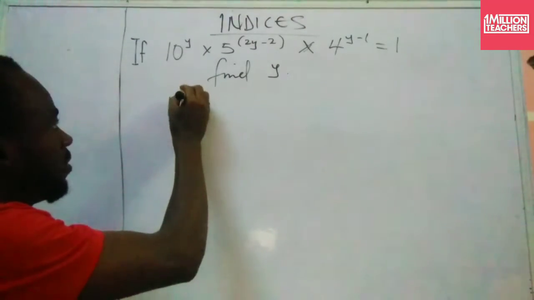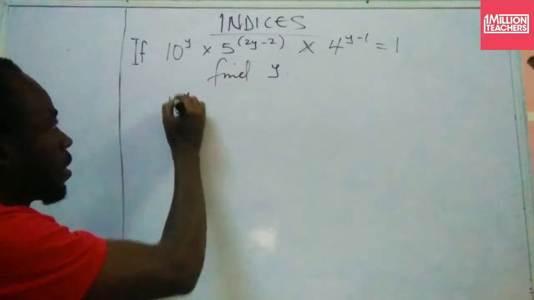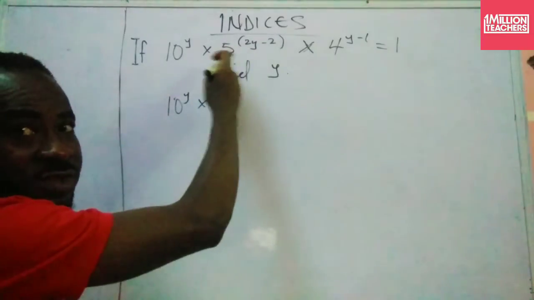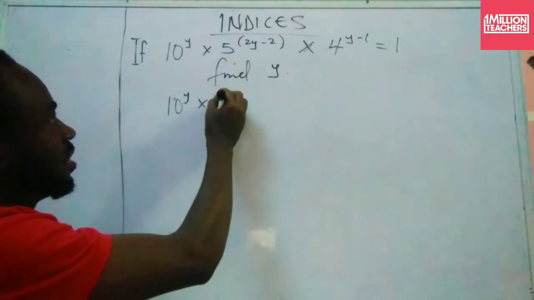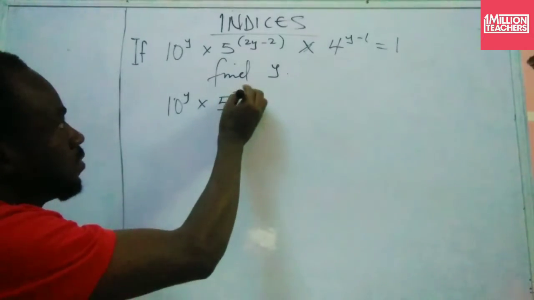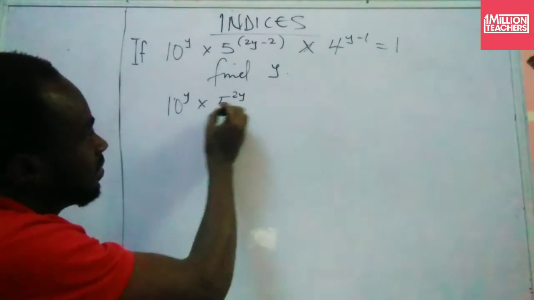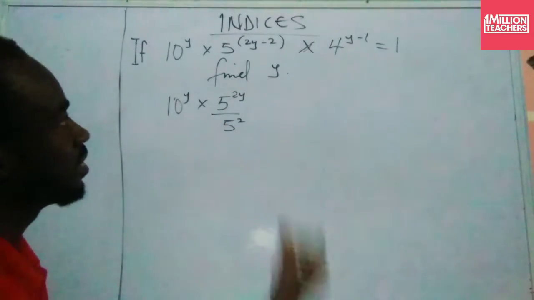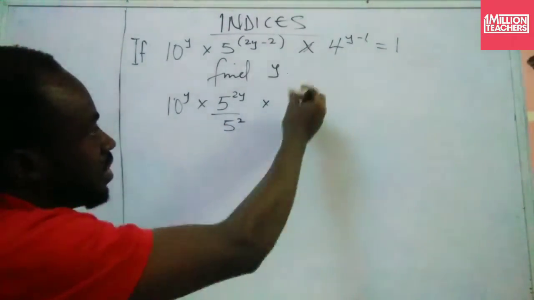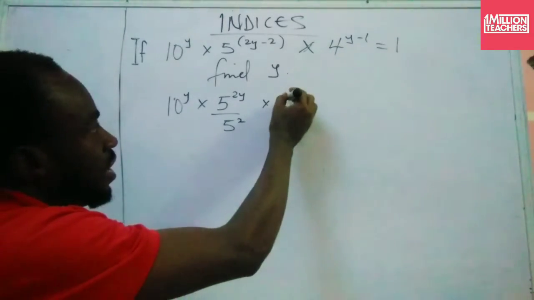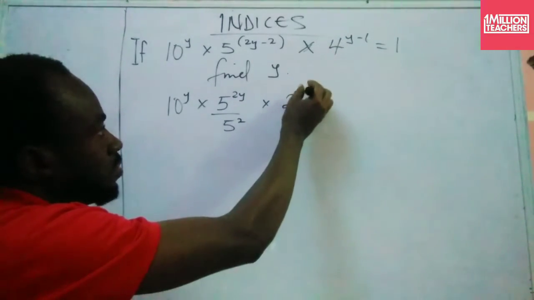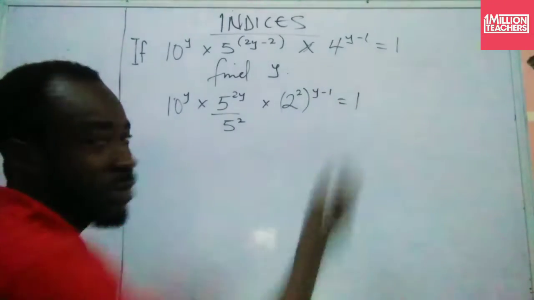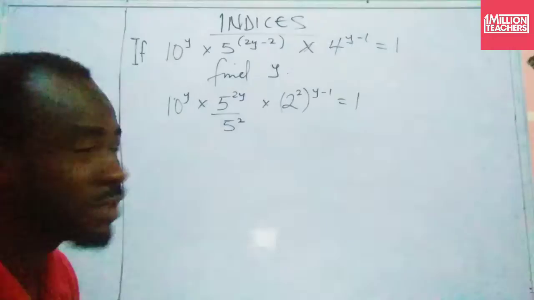Okay, so the first thing I'm going to do is write my 10 raised to the power of y times, I'll take my reverse form of indices here. So this can be written as 5 raised to the power of 2y divided by 5 raised to the power of 2. We call that. Then times, here I'm going to write this one as 2 raised to the power of 2 into y minus 1 equal to 1. You get that?